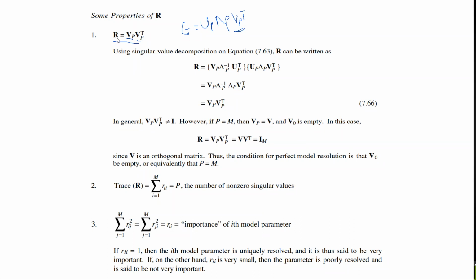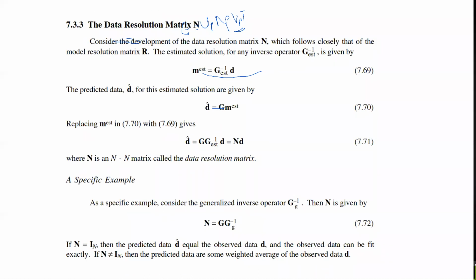To compute the model resolution matrix, we just find the product of VP and VP transpose. This is how it comes about, because it's G inverse and G. And then there are other things. We can find the trace of R, the number of non-zero singular values, and some other properties of the model that are associated with the model resolution matrix.